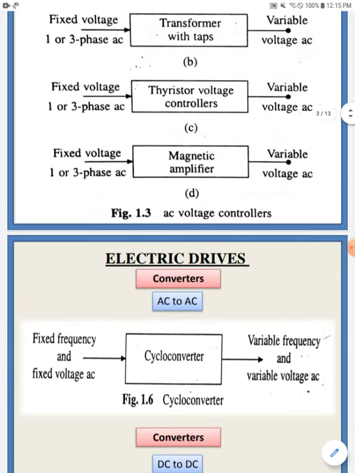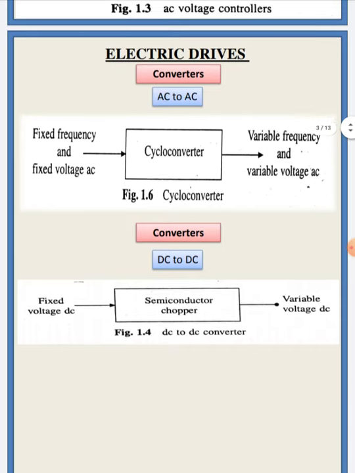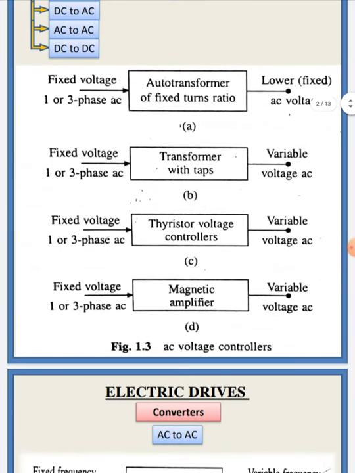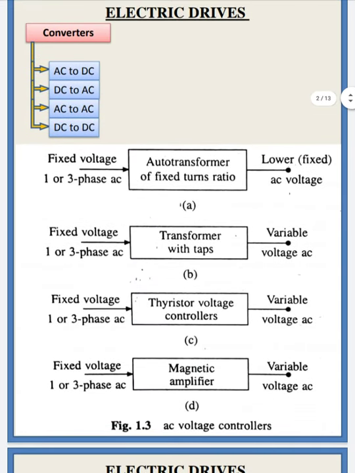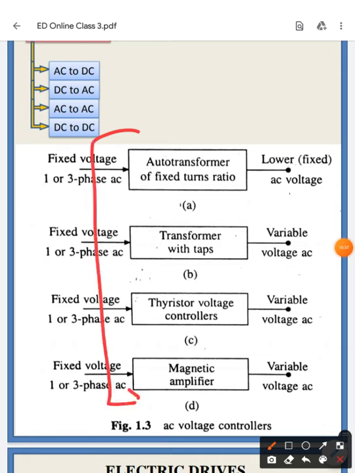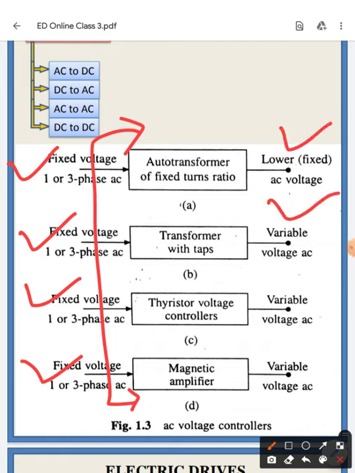And in the last class we saw, in the first four cases, that we are changing the fixed level of AC voltage into either a fixed lower level or a variable level of AC voltage without changing the frequency.